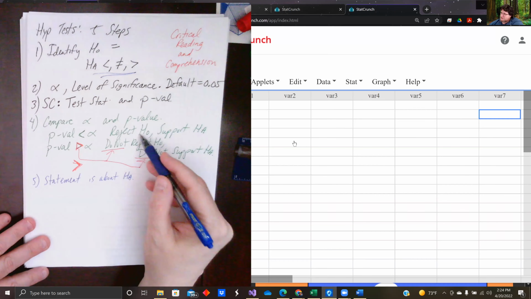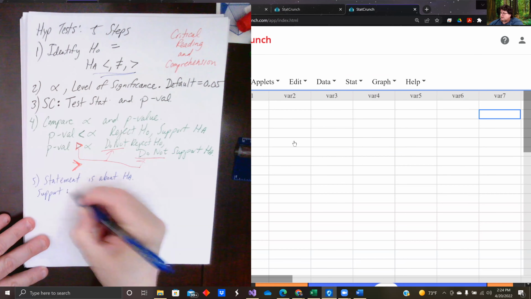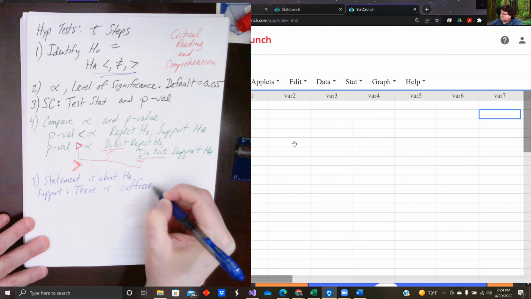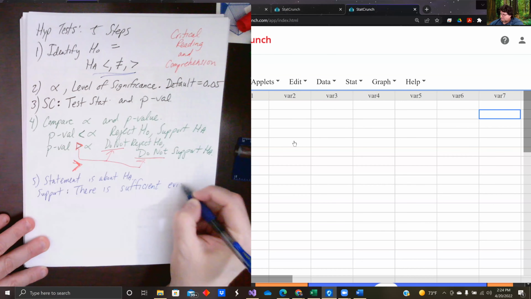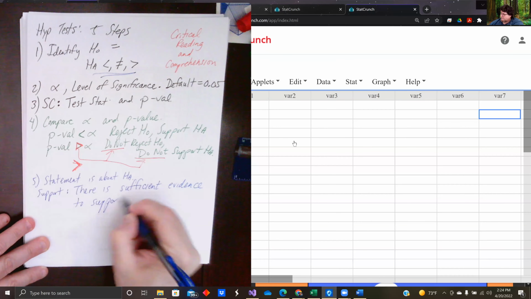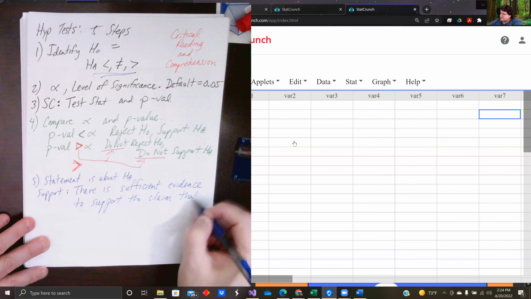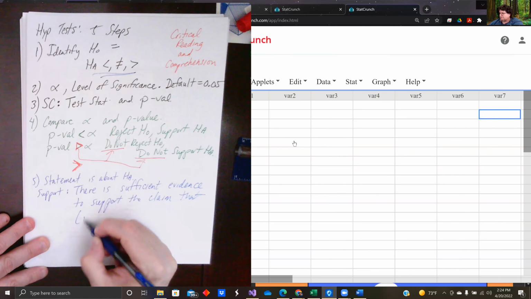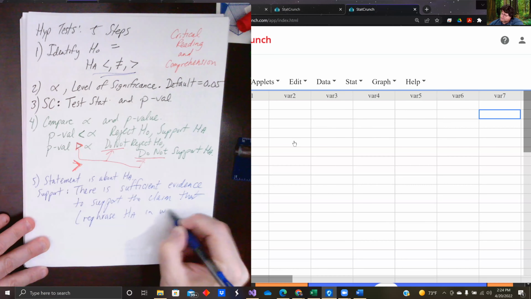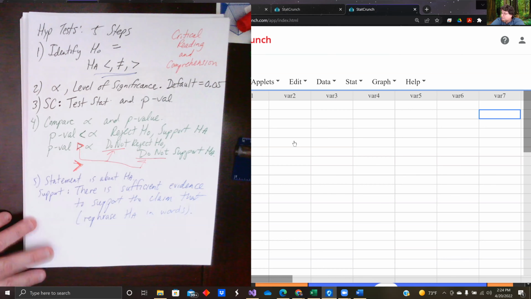So if we reject H0, if we support HA, there is sufficient evidence to support the claim that, and then rephrase HA here in words. Or if it's text, you can just copy and paste it. It often works too.